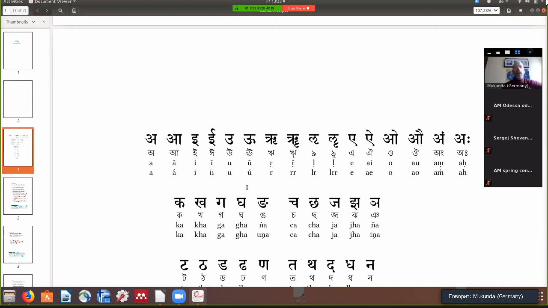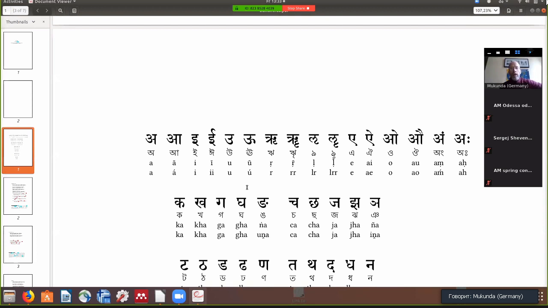Bapanam kevalam. Bapanam kevalam. Bapanam kevalam baba. Bapanam kevalam.